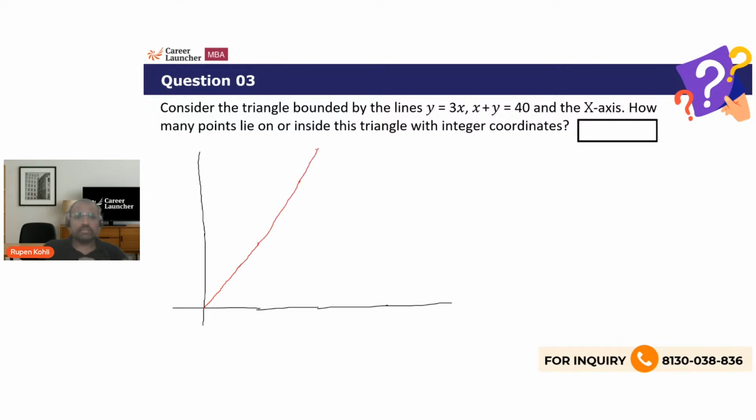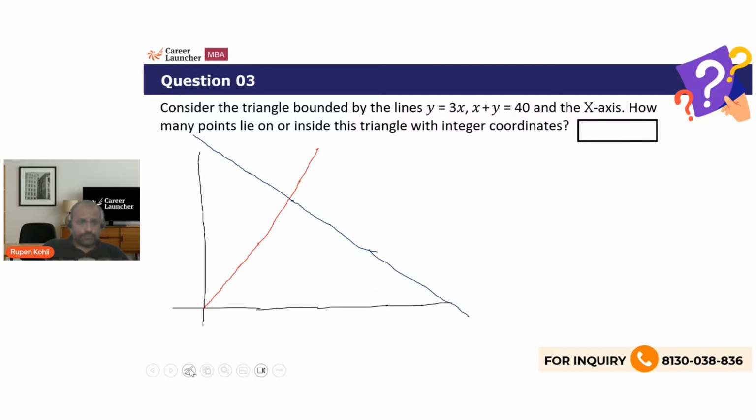The line x plus y equals 40, drawing it with a different color, will be passing through (40, 0) and (0, 40). So let's say it starts from somewhere here, and it will cut this line somewhere, and it will proceed further like that. All right.